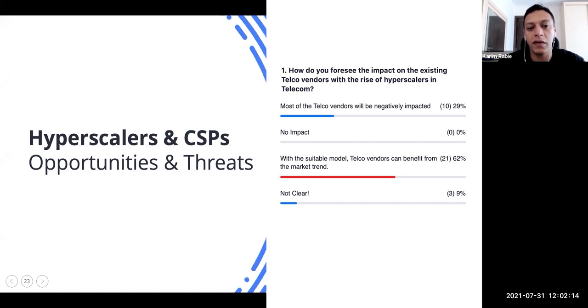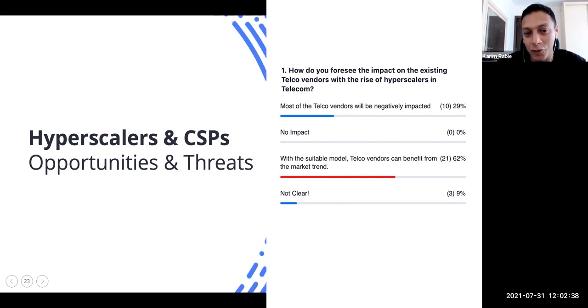So you see that the majority think that with a suitable model, telco vendors can still benefit from the market trend, which is a very positive attitude. 29% think that telco vendors will be negatively impacted, but the most interesting thing is that 0% think there is no impact.